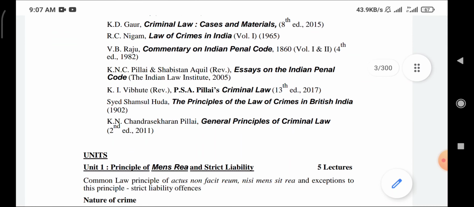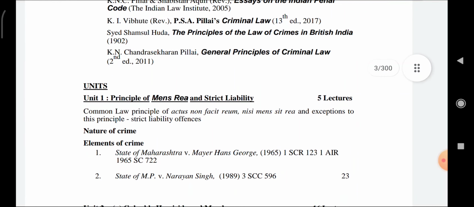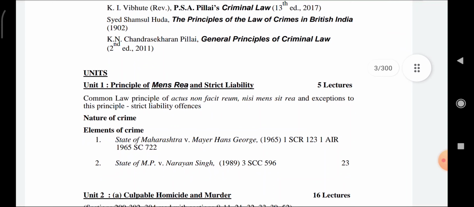Let's move ahead. Units. First unit: principle of mens rea and strict liability. There are 2 leading cases for this. For understanding the principle of mens rea and strict liability, you have to read State of Maharashtra versus Mayer Hans George, 1965, 1 SCR 123, AIR 1965 Supreme Court 722.